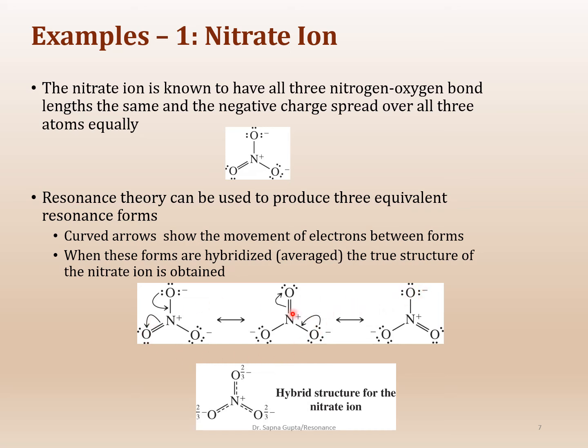So at any given time, there is 1 double bonded oxygen in any of these structures and 2 single bonded oxygens. When you look at these structures, you might think, hey, they all look alike, and that is true. In this case of the nitrate ion, they do all look alike.